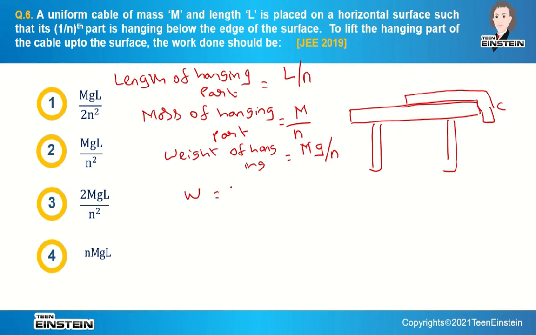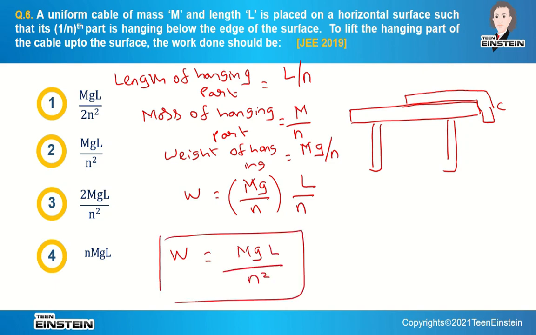So W will become mg by n times L by n, so W equals mg L by n square. So the work done in lifting that part will be equivalent to mg L by n square. So the correct option is option 2.